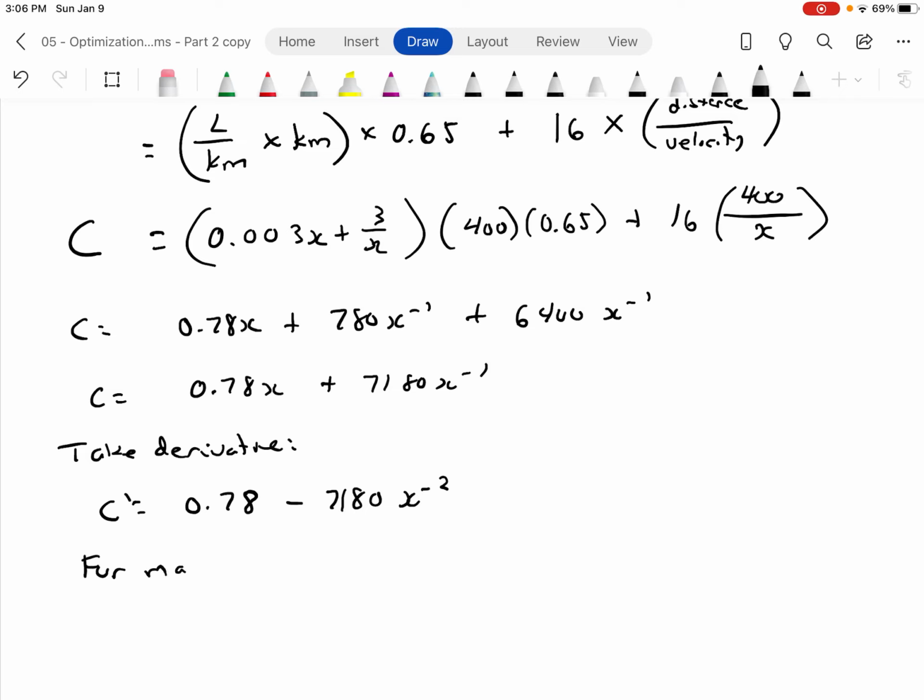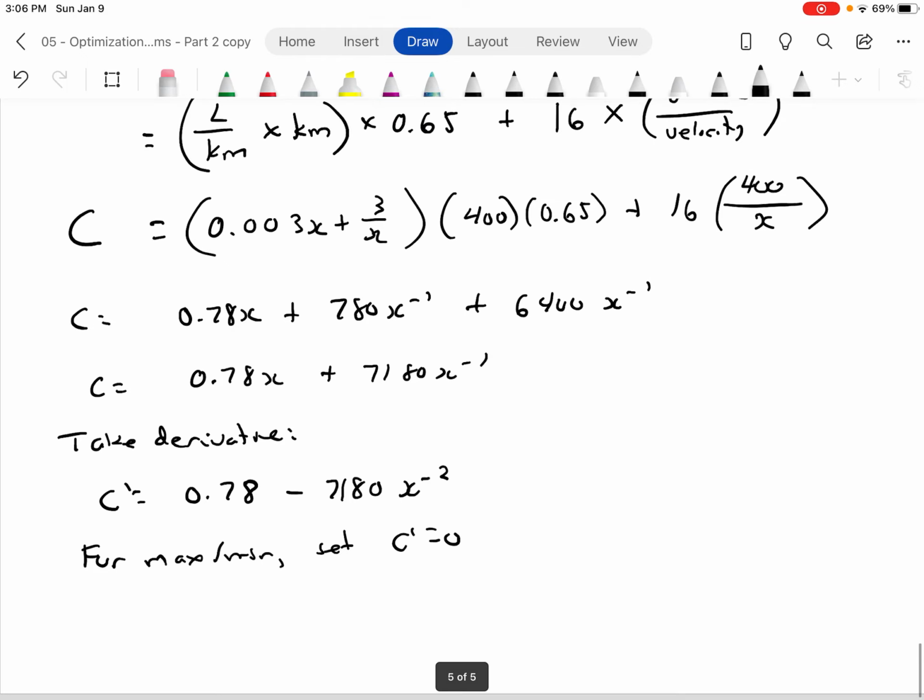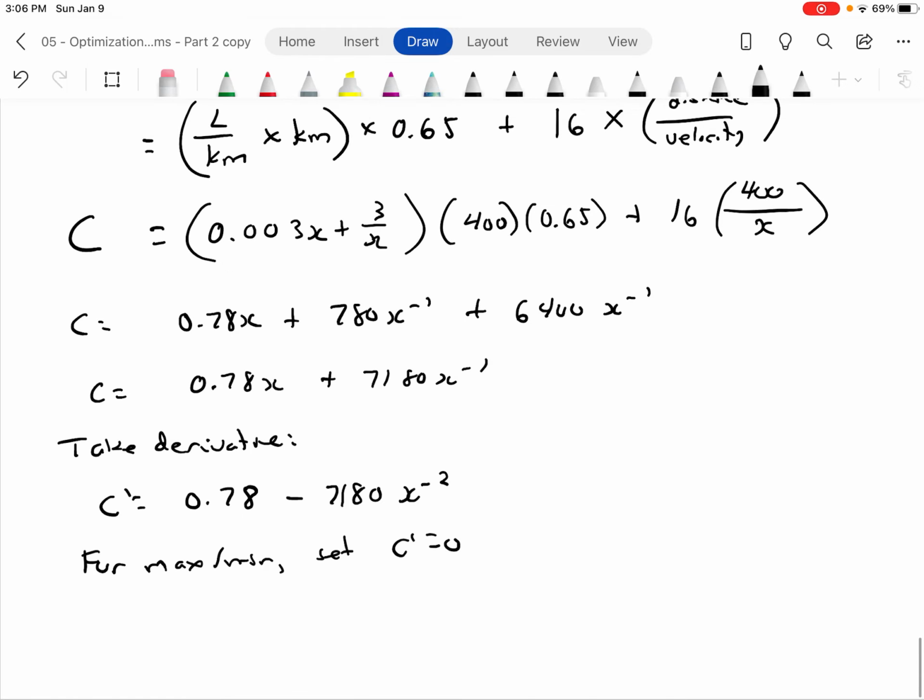For max min, set C prime equal to 0. Oh, got a little problem here that I've got to deal with. 0 equals 0.78 minus 7180 over x squared.